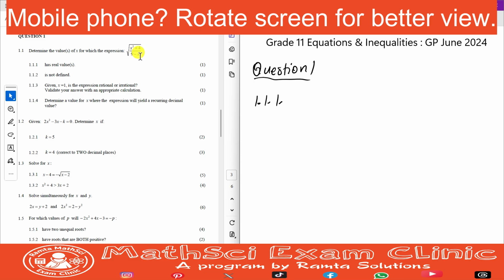And again, the denominator shouldn't be 0. So we are basically saying the denominator must be greater than 0. So 9 minus x is greater than 0. This means our x must be less than 9.